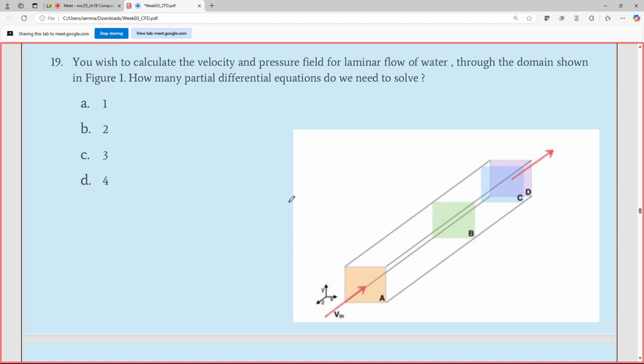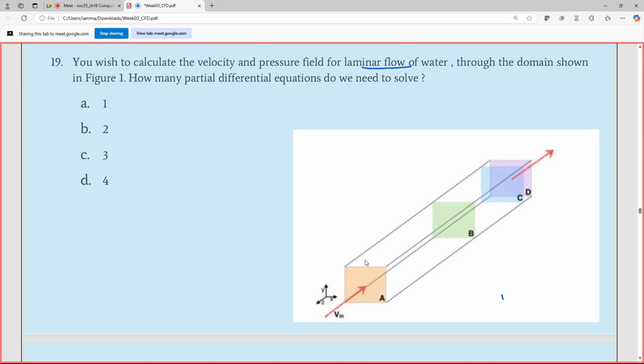Next question. You wish to calculate the velocity and pressure field of laminar flow of water through the domain shown in figure 1, which is this one. How many partial differential equations do we need to solve? The question is on the number of partial differential equations needed to solve a laminar flow of water through the domain shown in this figure.